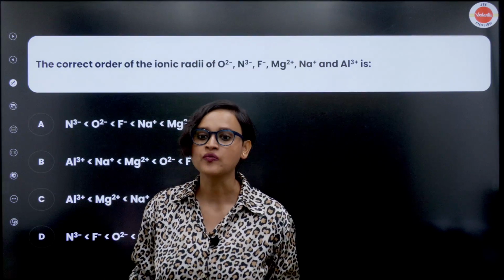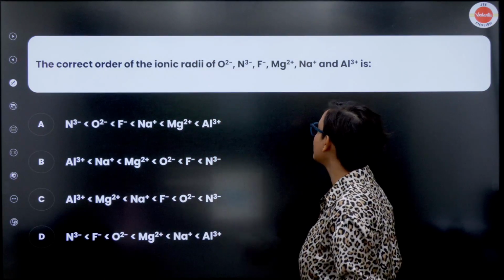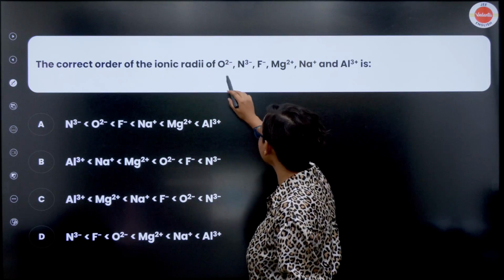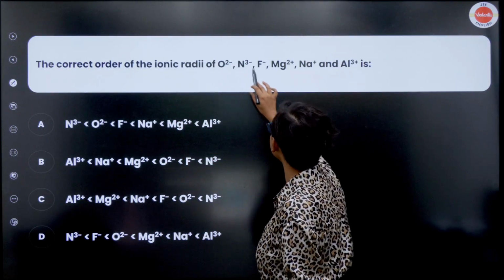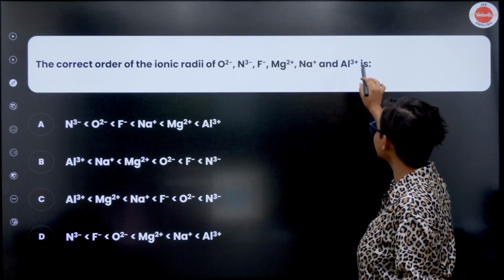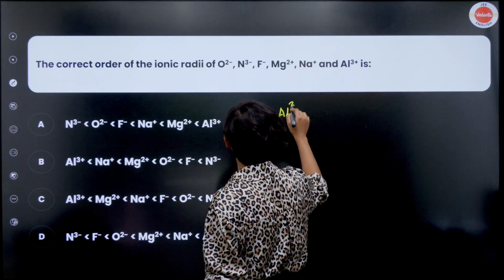Let's do this. So the correct order of the ionic radii, let me give you a very simple tip: O2-, N3-, F-, Mg2+, Na+ and Al3+. Always write first the one that has the biggest charge, that will be the smallest.